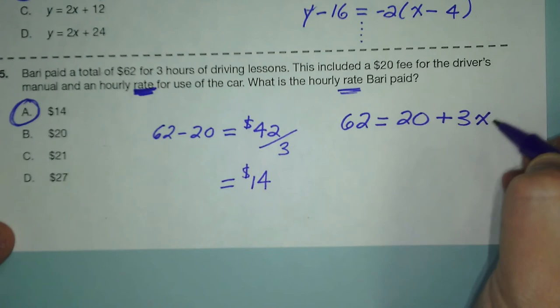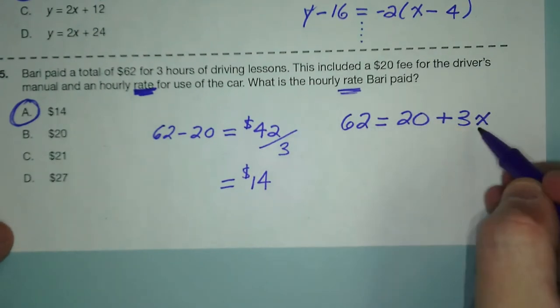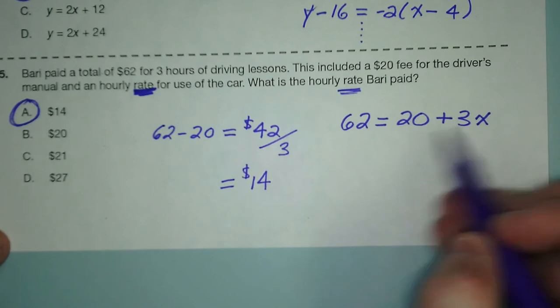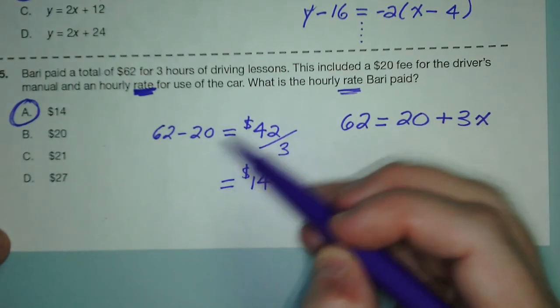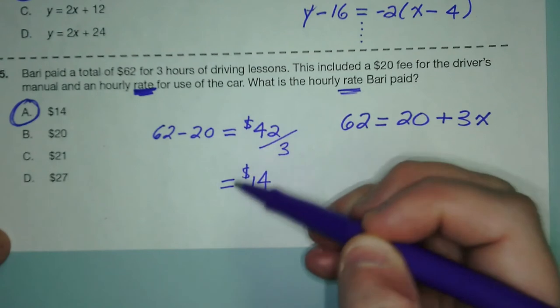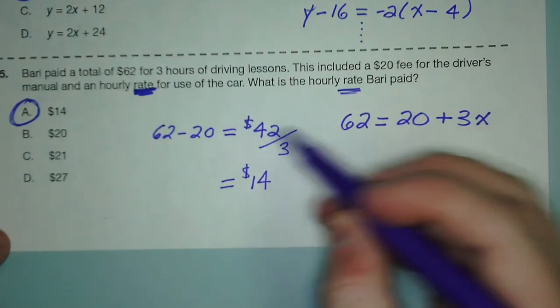Now you can just solve for x. Doing all your moves to get x by itself, it's the same math steps we just did right here: subtracting 20 from 62 and then dividing. So the answer is A.